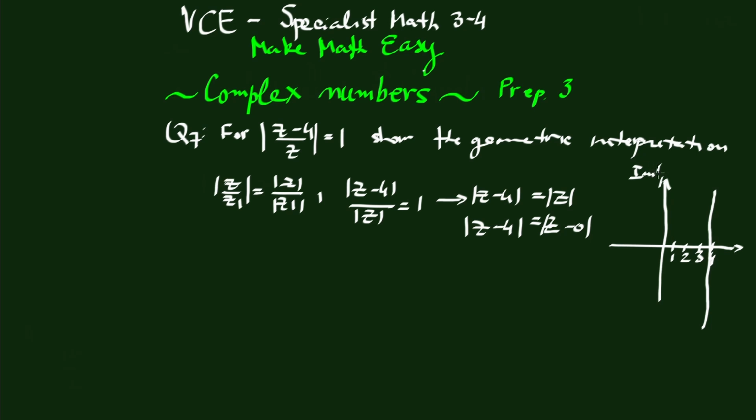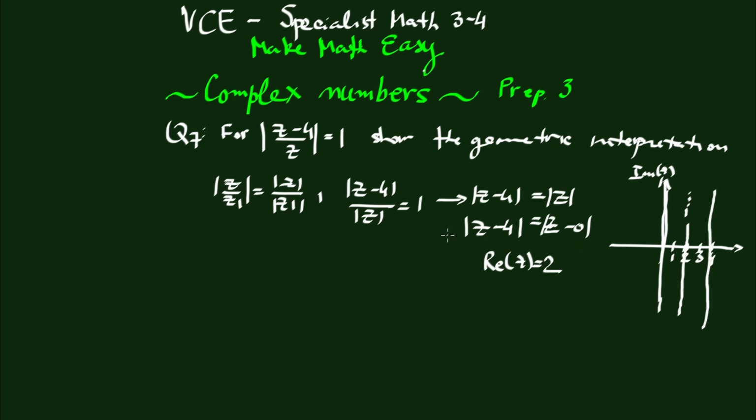This is the imaginary axis of z. And the other one, equally distant, is z equals 0, so that's the one here. What's equally distant is the locus of points on this vertical line here. So graphically, solving this would give us that the real part of z equals 2.